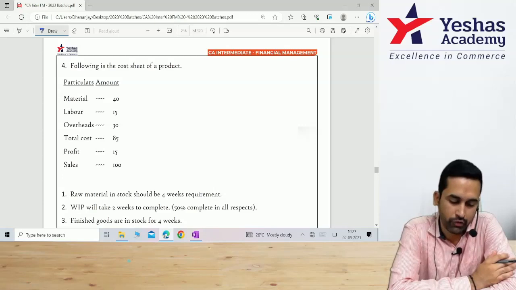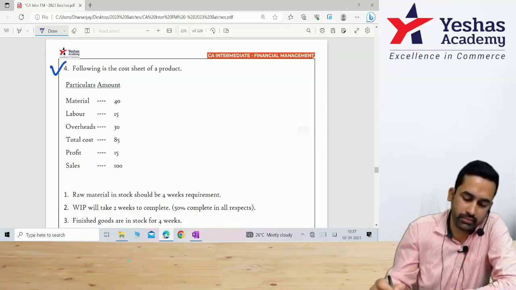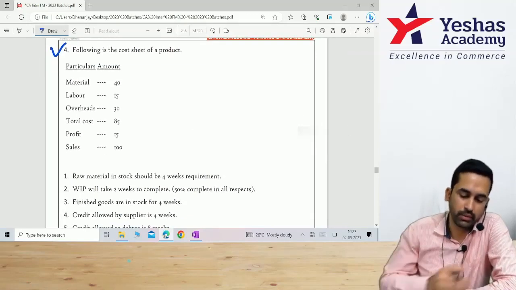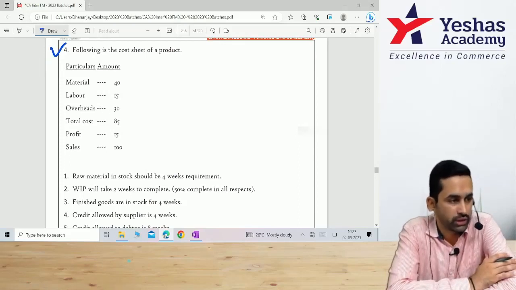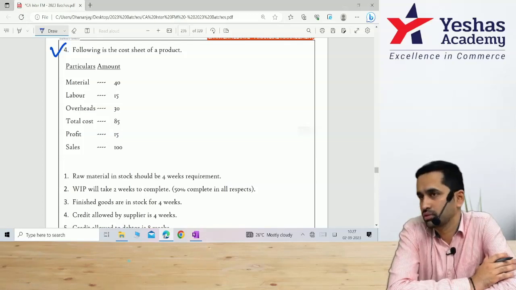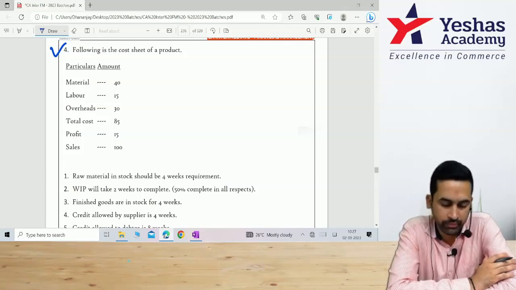Read. Following is the cost sheet of a product, particulars and amount. Per unit material cost 40, labor 15, overhead 30. You see here, they haven't mentioned which overhead, so take it as factory. Total cost 85, profit 15 and selling price 100 rupees.